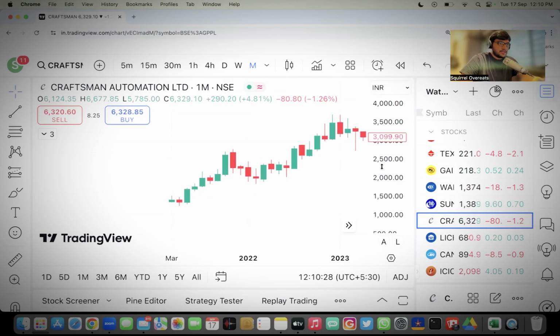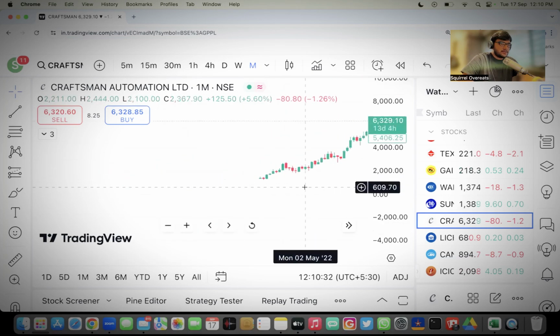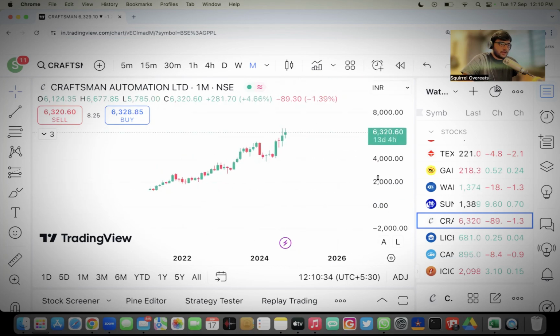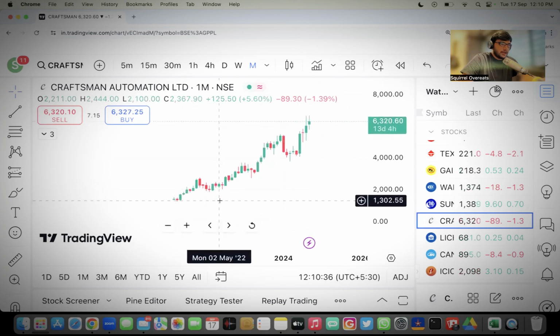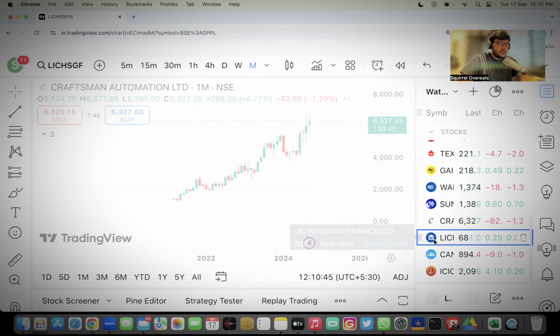So now you can see that Craftsman Automation has been in an uptrend since its IPO in 2021, and it has been a big IPO, currently trading at around 6000 rupees, which is a big jump. The next stock I'm going to talk about is LIC Housing Finance, and this stock is again a very good buy. I think I bought this for a client.